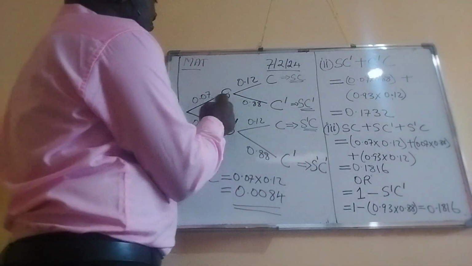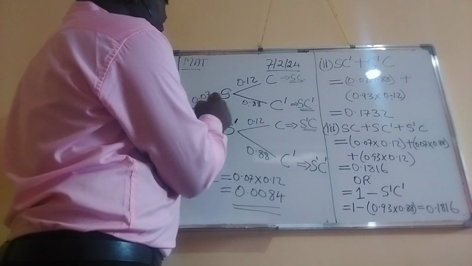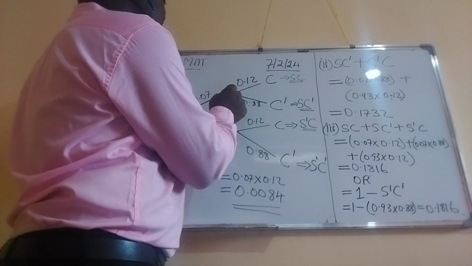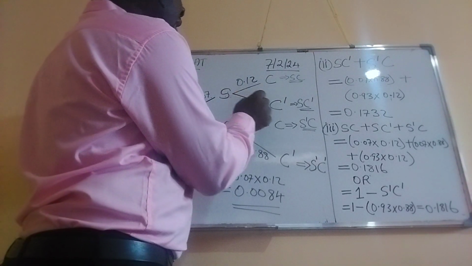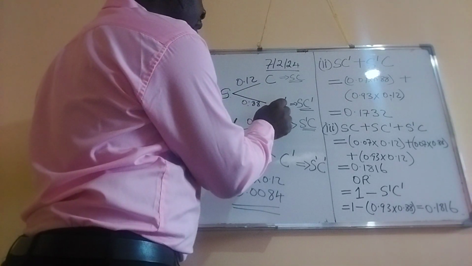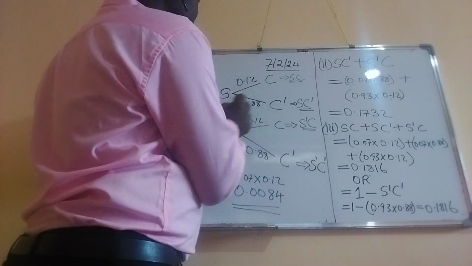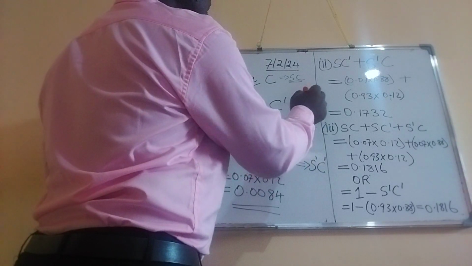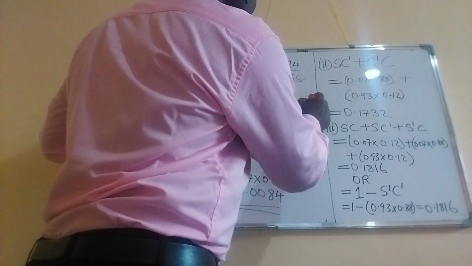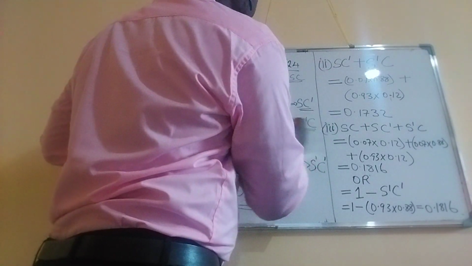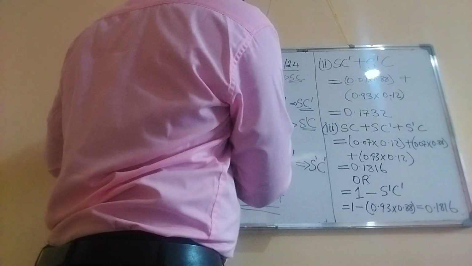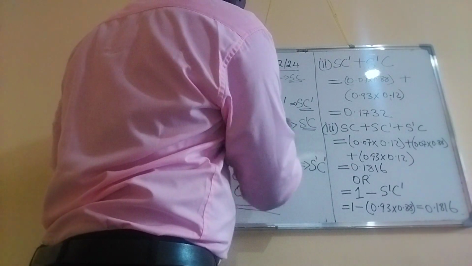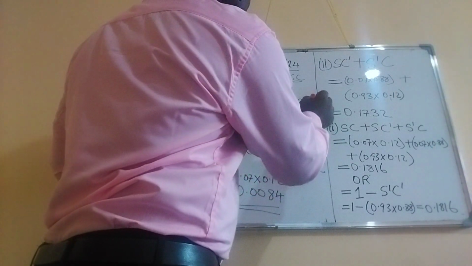So as you can see, we have the probability of the house being broken into, given as 0.07, and then the probability of the car not stolen. So the first probability is S C prime. We will add SC prime to the probability of the house not being broken into and the car being stolen. So we add these two.